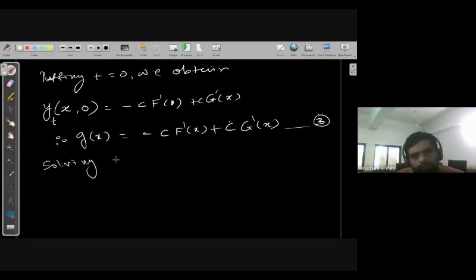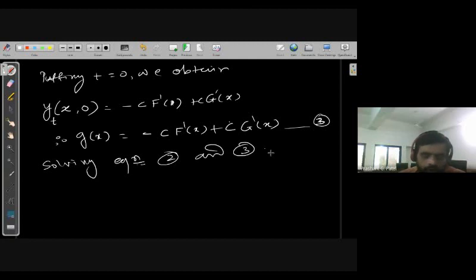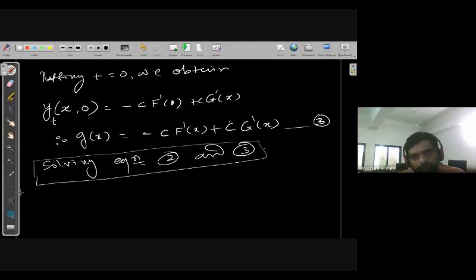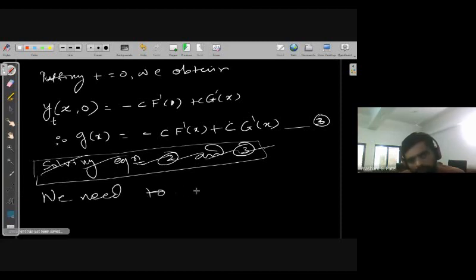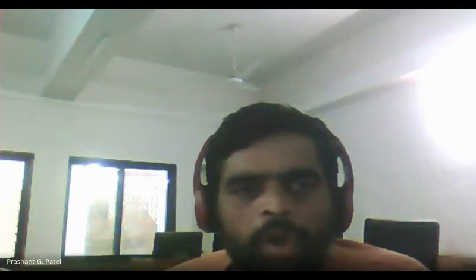Solving equations 2 and 3: how to solve these?